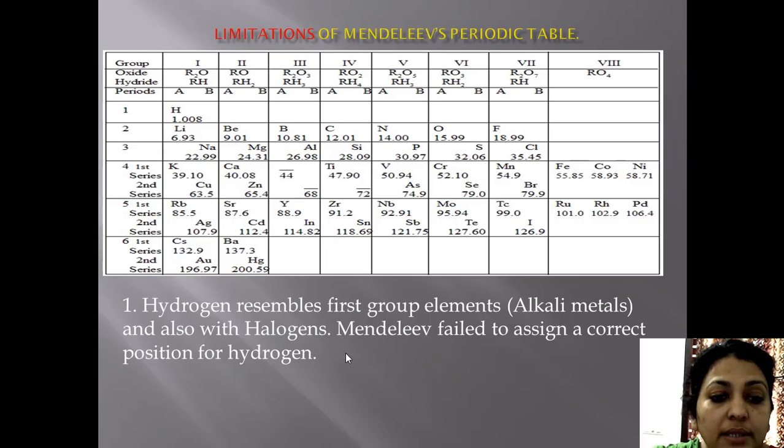And they also behave the same way halogens behave. For example, hydrogen exists as a diatomic molecule H2, similar to halogens, which exist like Cl2, Br2, I2, etc. Due to these resemblances, Mendeleev failed to assign a correct position for hydrogen. That was the first limitation of Mendeleev's periodic table.